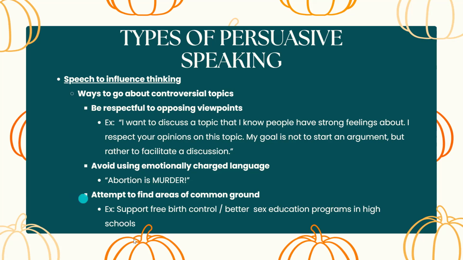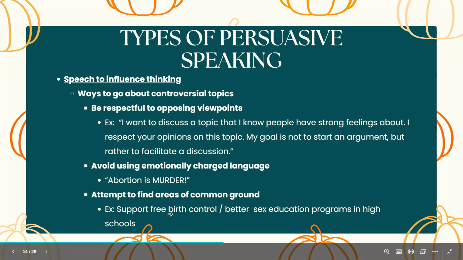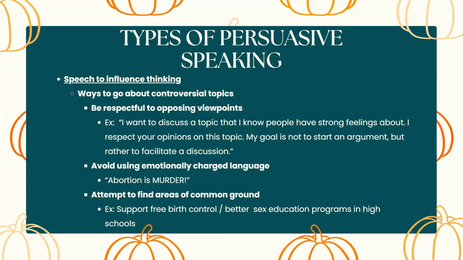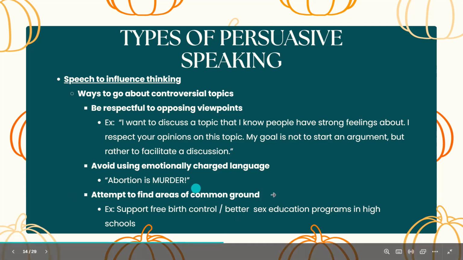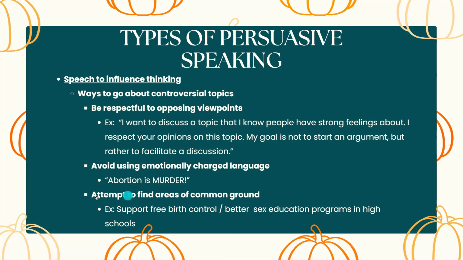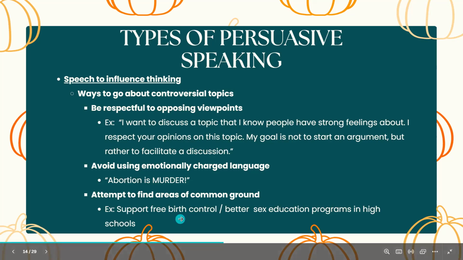So, thinking about a topic, if you're like, oh, I wanted to do abortion, just know it's going to be hard to find that common ground. But you can advocate for supplying free birth control. You can advocate for better sex education programs in high school, right?